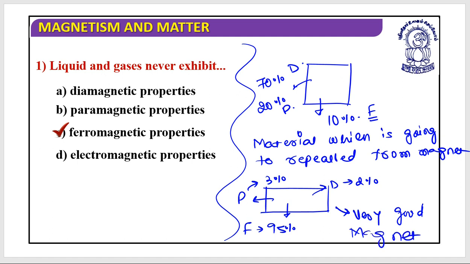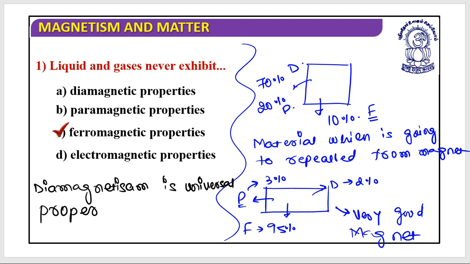So diamagnetism, paramagnetism or ferromagnetism, in reality these are not the materials, these are the properties of a material. One very famous statement about diamagnetism is that diamagnetism is universal. Diamagnetism is a universal property of matter.